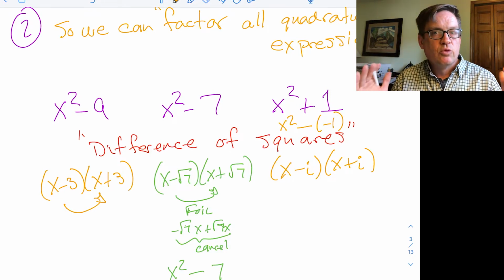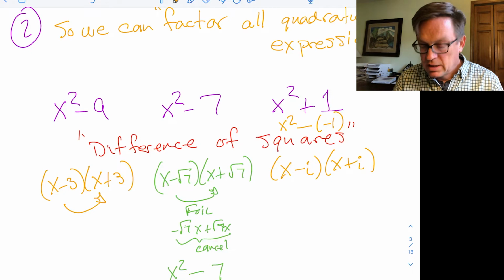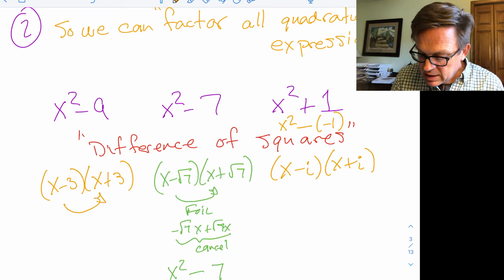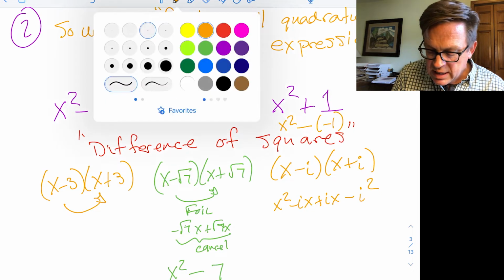You can't factor it with real numbers, but you can factor it with complex numbers, numbers with an i in it, an imaginary part. And so when you multiply this out, again, you get x squared minus ix plus ix minus i squared. And what does that come out to?